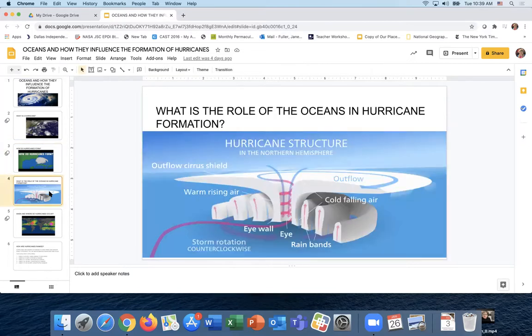Okay, now let's look at this. What's the role of the oceans in hurricane formation? Well, like he explained to you, you've got cold air overlying the warm, moist air of the ocean, and it starts that convection current that Ms. Nash talked about.